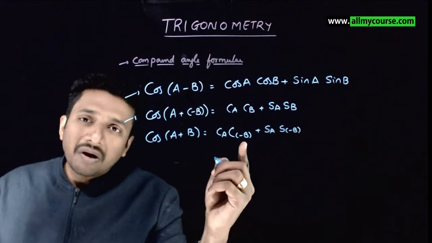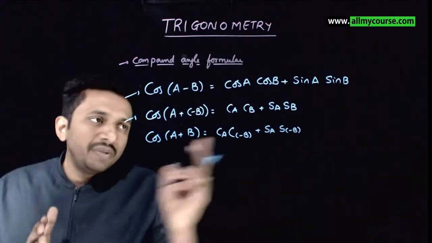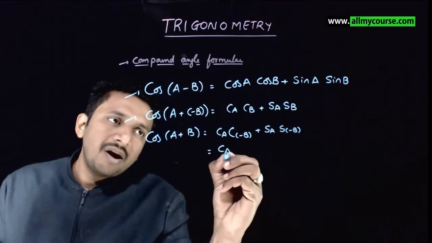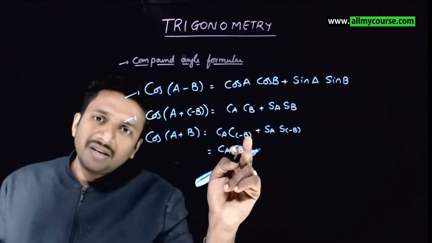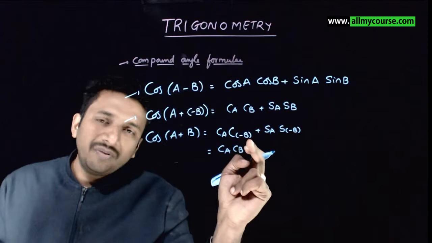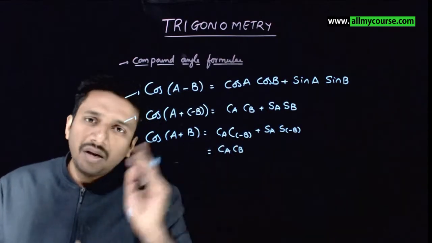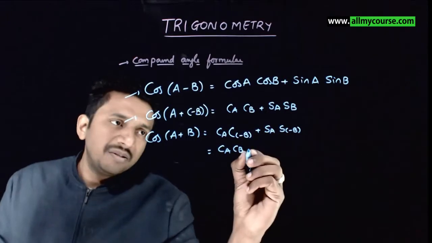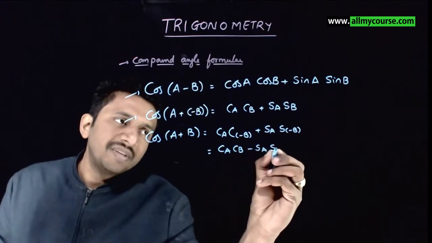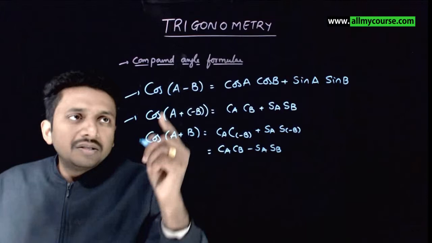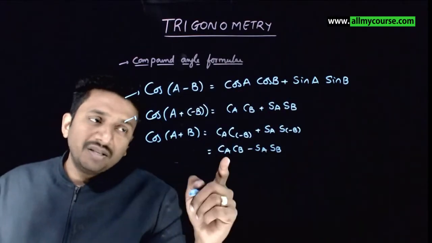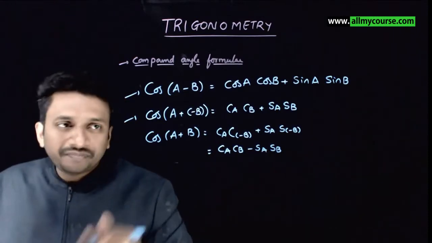We have already seen that cos(minus B) is equal to cos B, and sin(minus B) is minus sin B. Cos doesn't differentiate between plus or minus, but sin(minus B) is minus sin B. So cos(A minus B) is cos A cos B plus sin A sin B, and cos(A plus B) is cos A cos B minus sin A sin B.